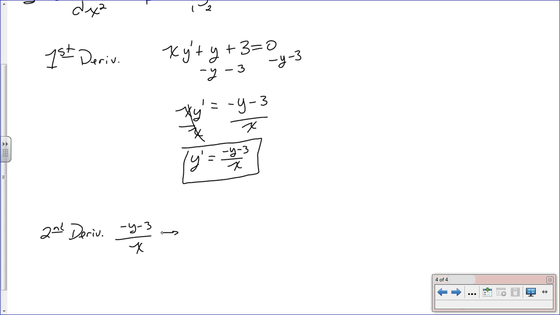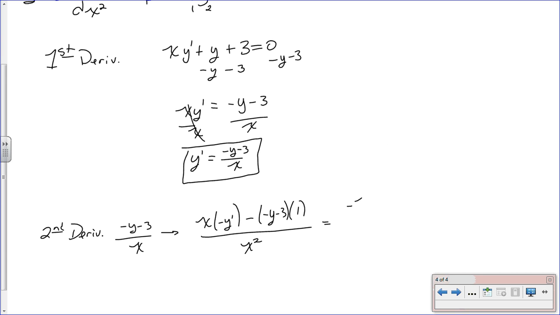We know it's low times the derivative of the top, which is negative y minus 3, while the derivative of negative y is negative 1 y prime, so negative y prime, because the derivative of the minus 3 is just 0, so you don't have to worry about it, minus high times the derivative of the bottom, which is just 1, over the bottom squared.